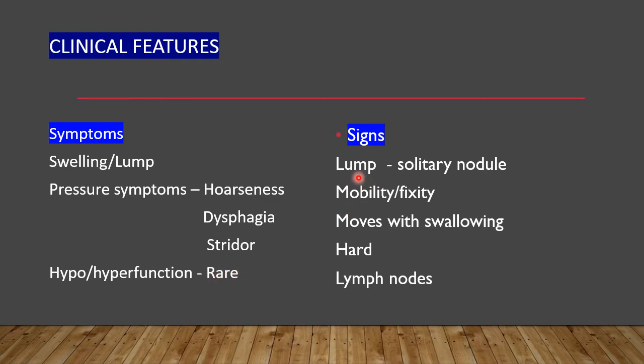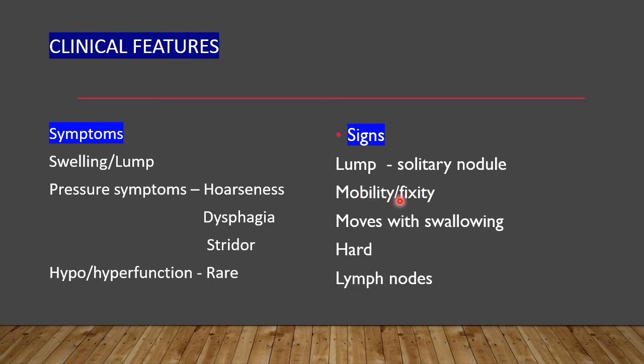As for the signs, again, a lump is the most commonly noted sign, which is usually a solitary nodule. Occasionally, there can be more than one nodule. Again, as in the history, it is important to determine certain features of this lump which will suggest it is malignant.